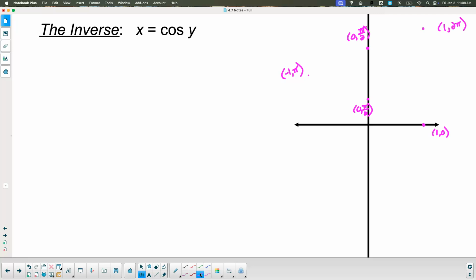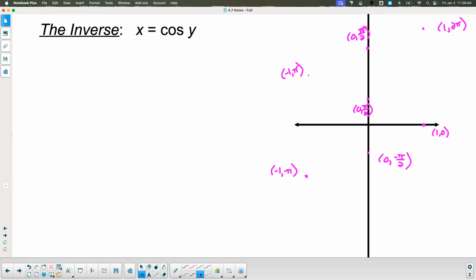Okay. Then we went green. First one was negative pi over 2, 0. So that would flip to 0, negative pi over 2. Then we went to negative pi, -1, which would be -1, negative pi.